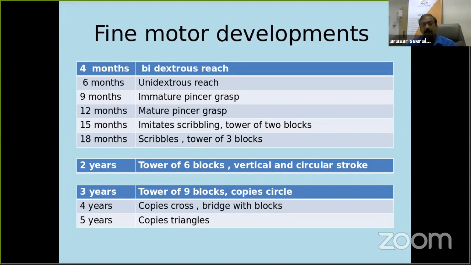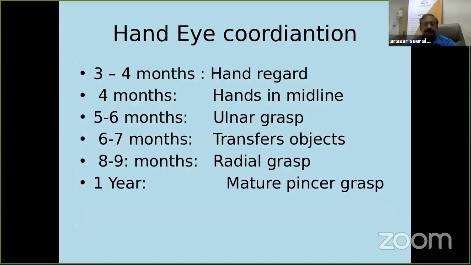And at home, if the parents say that the child is able to make towers of blocks of 3 at 18 months, blocks of 6 at 2 years, and blocks of 9 at 3 years, then you have the other milestone of copying a bridge, cross, everything. And so these are some of the fine motor developments you see that involve hand, eye, and coordination.